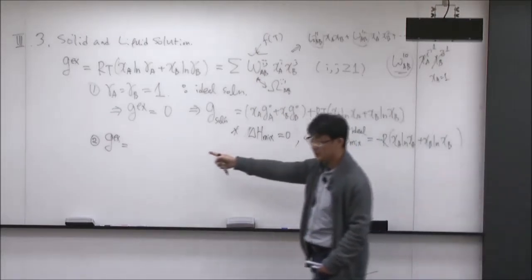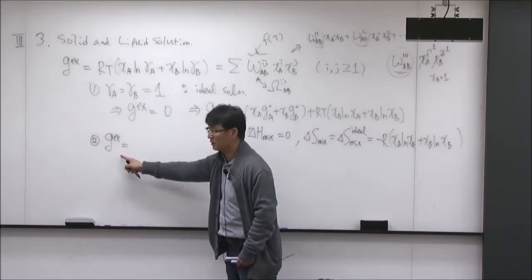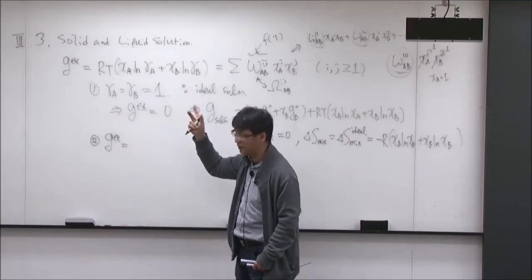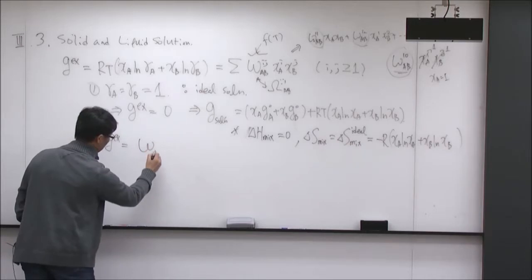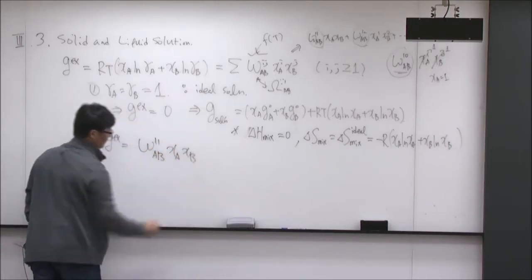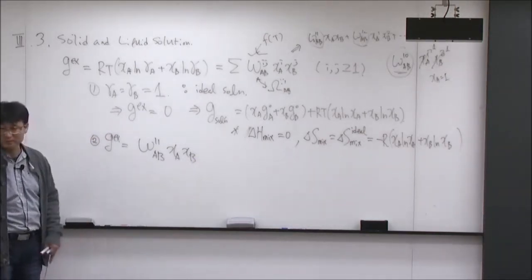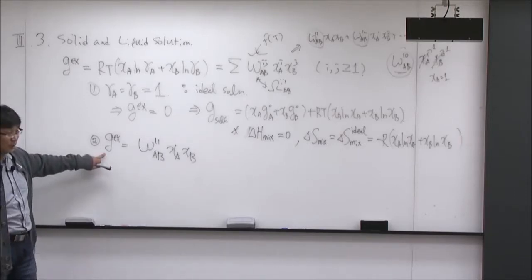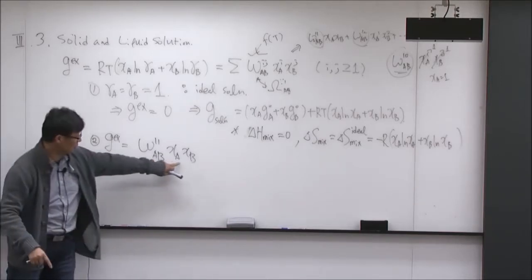in a very, very special case, the GXS term here, when this value is changing very strangely, then GXS could be only omega AB power 1, 1, XA, XB. Okay, there's no additional term, only this term. So it means the excess parameter is changing symmetrically depending on the composition of XA and XB.